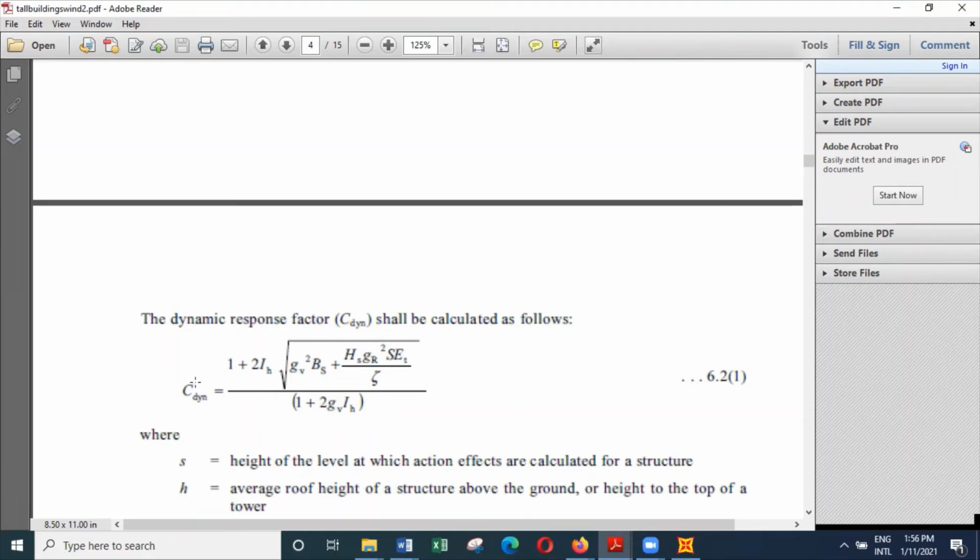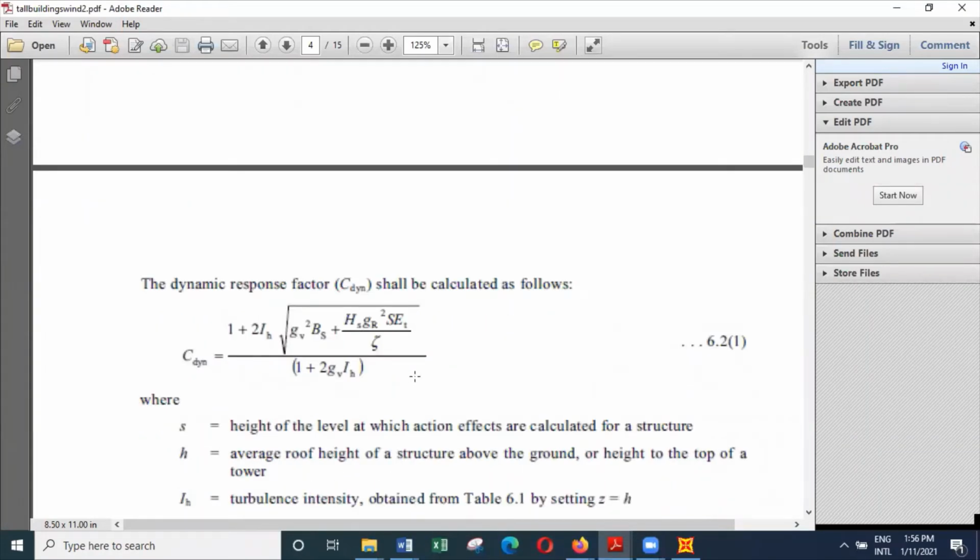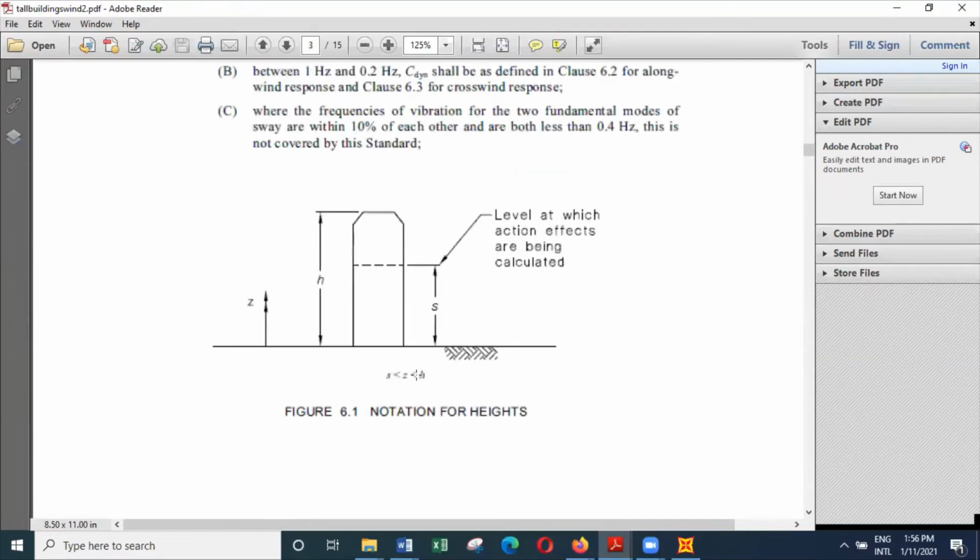So we'll just get ourselves familiarized with these equations first, so that after that we'll be able to use them easily. We'll first see what's meant by all these different parameters.